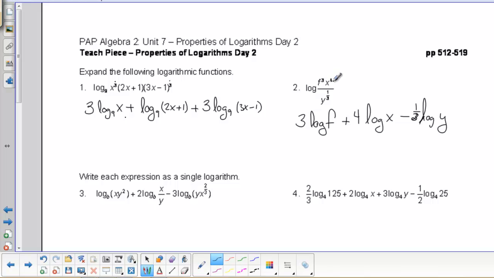Now remember, order of operations dictates that we do the solution from left to right, which is why it is unnecessary in this case to have the parentheses around your two terms. However, if you feel more comfortable with that, you can put parentheses around it, which helps indicate that both the f and the x are in the numerator of the fraction.